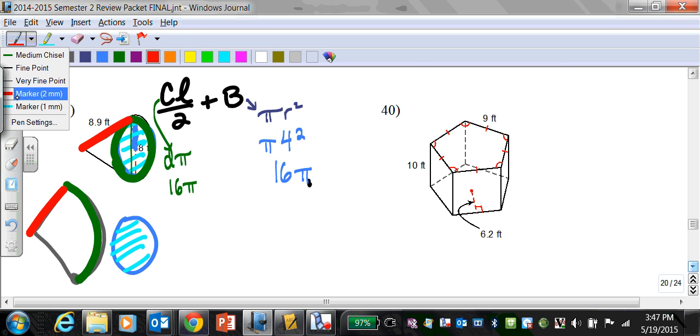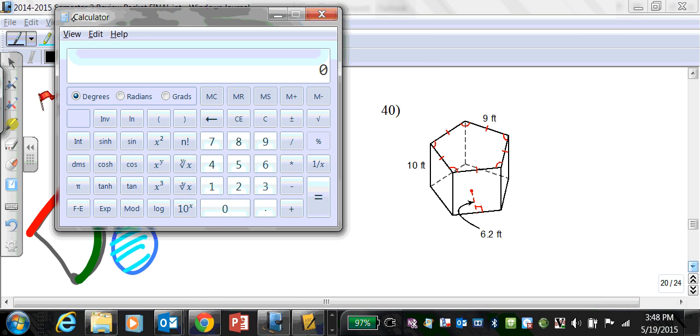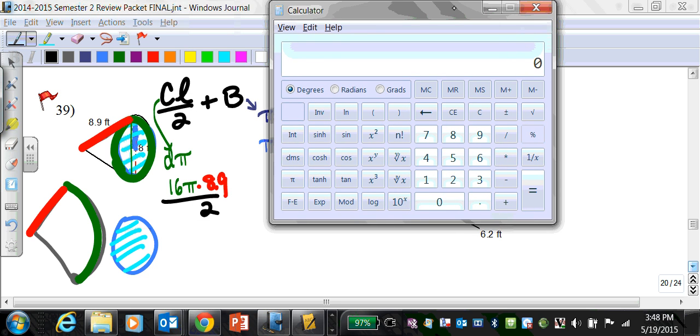We actually have it, and that's going to be 8.9 over 2. I'm going to do this in pi form. So let me show you what that looks like in pi form. We're going to go 16 times 8.9, and then divide by 2.